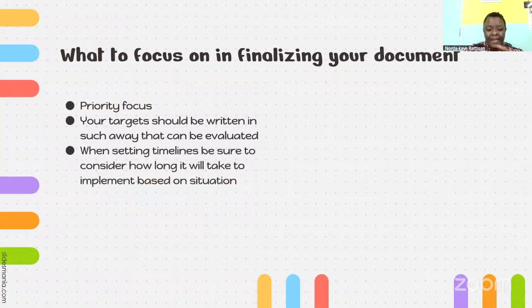When setting timelines, be sure to consider how long it will take to implement based on your situation at your school. So if you know that you don't have the capital to start a resource center, for example, a reading program, because those are current issues now, don't say that you're going to equip the resource room with 15 computers by the end of term one.